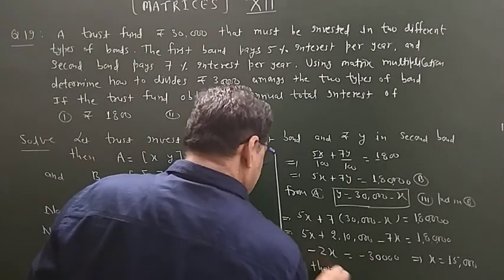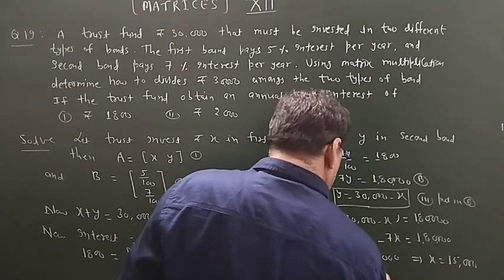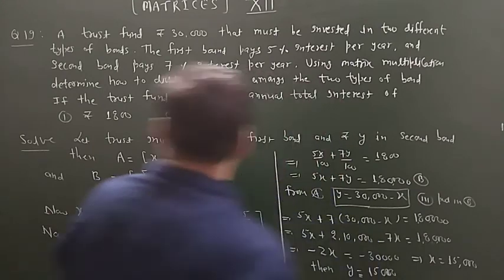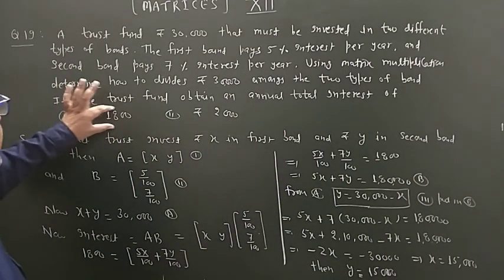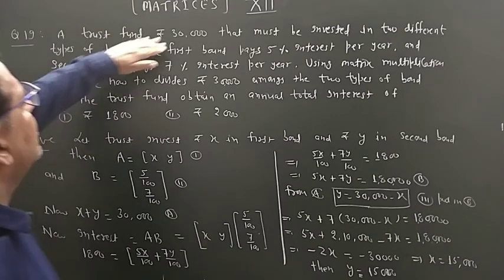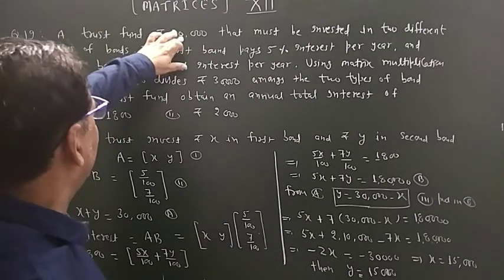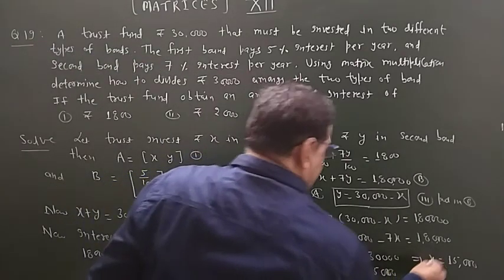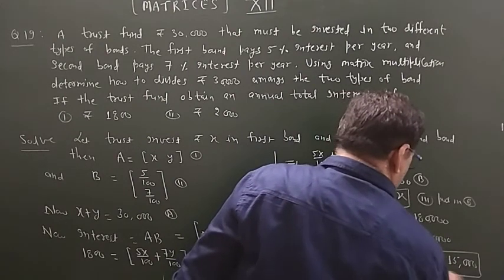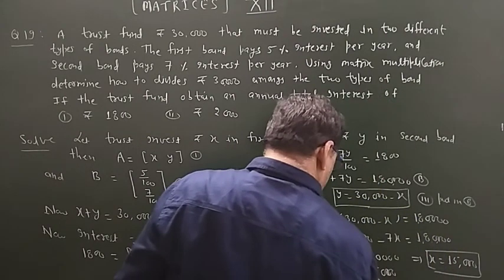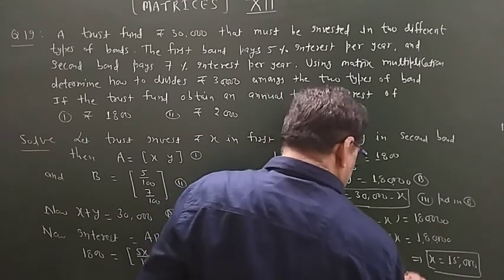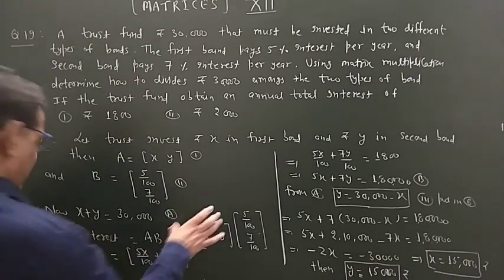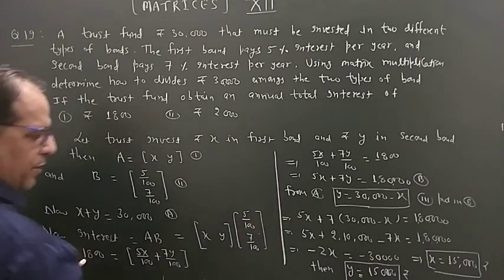Then y also 15,000. So if we want to get 1,800 rupees interest, then the fund is invested equally in the first bond and the second bond. So first bond rupees 15,000 and second bond again rupees 15,000. Similarly, in the second part we put the value equal to 2000 and then we get the answer.